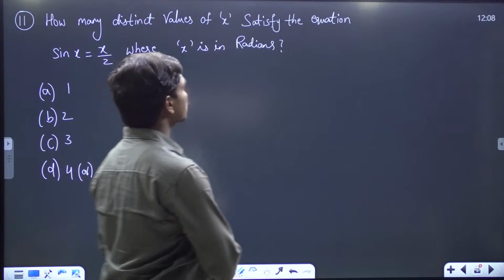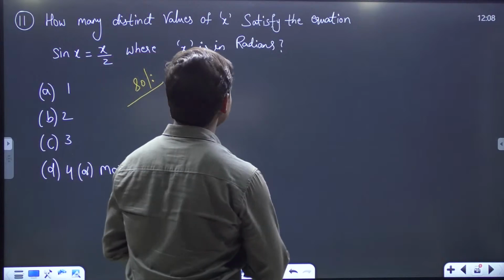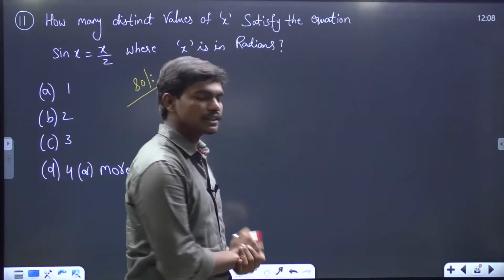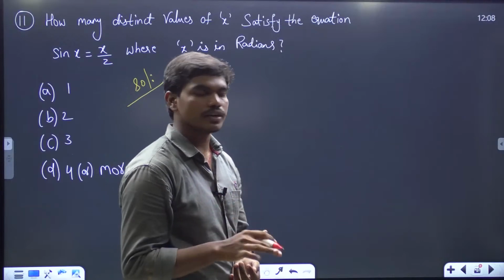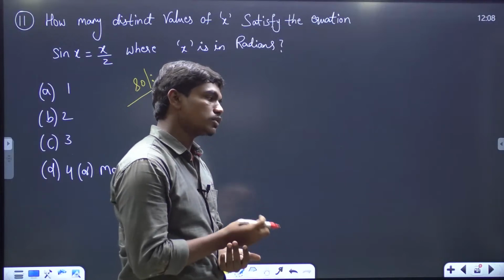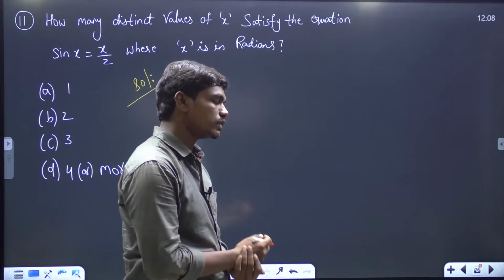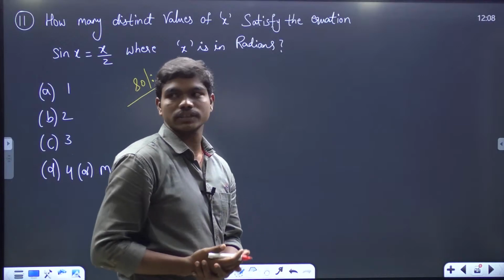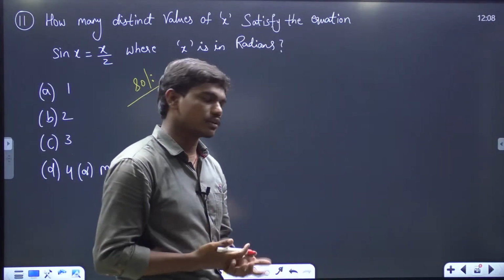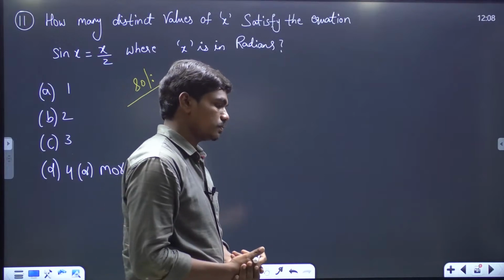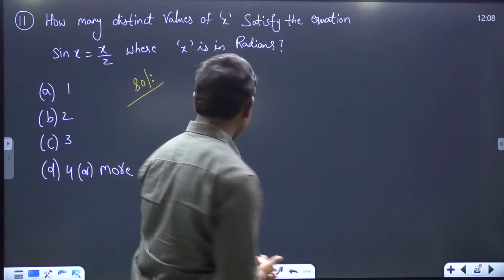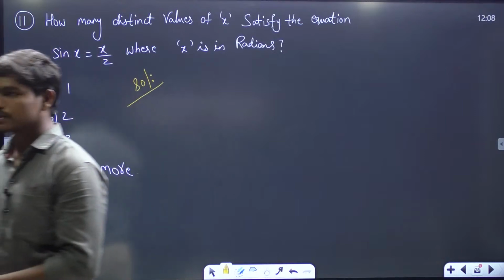Of course, x is in radians, because in all transcendental equations, which combine trigonometric and other functions, x is in radians. Please tell me the answer for this.